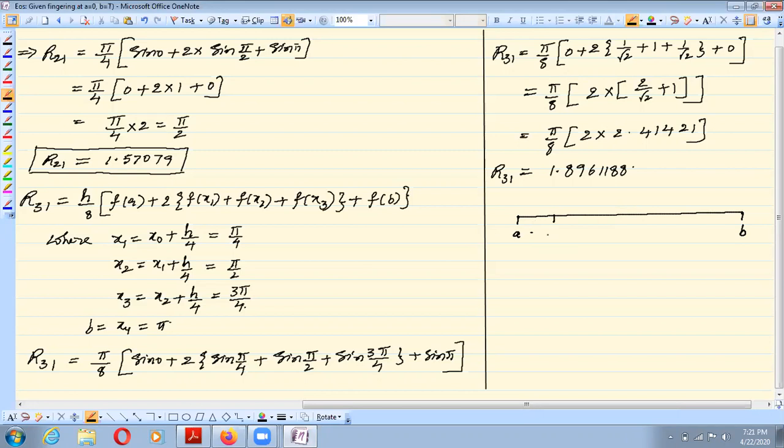So this is x1. So this is 0. The partition should be 5 by 8 distance. Now 0 plus 5 by 8, 5 by 8. Next this is 2 pi by 8.